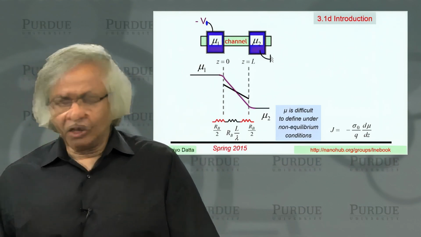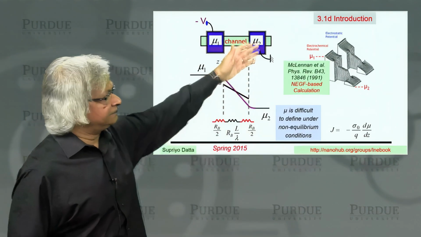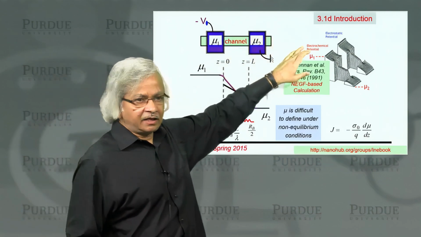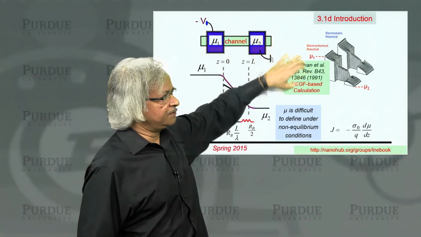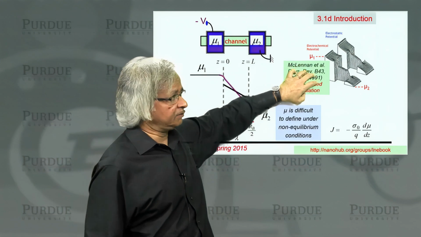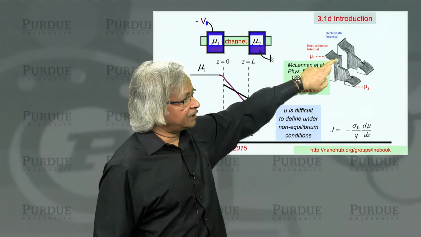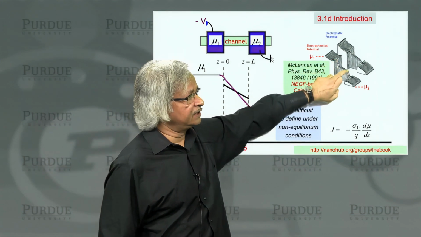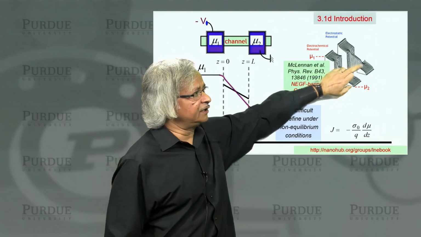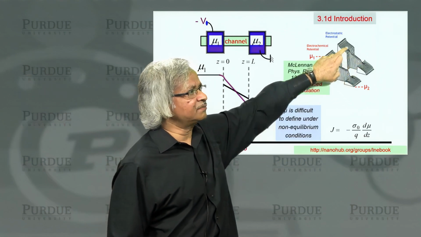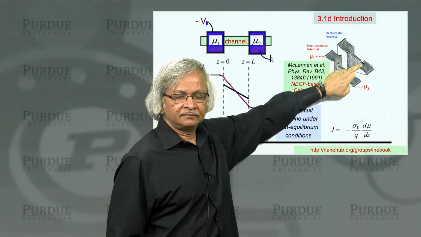See? So, for example, this is an actual quantitative calculation based on quantum transport formalism. And you can see, if you look at the electrochemical potential, there's a clear discontinuity. If you look at the electrostatic potentials, that's much more smoothed out.